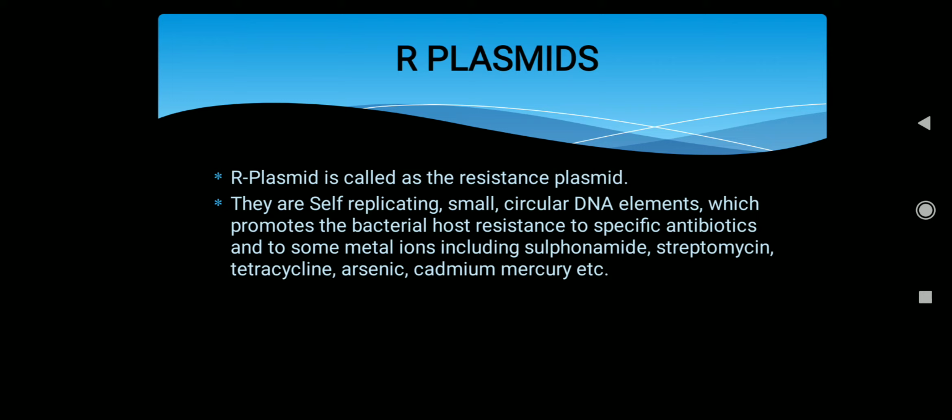This includes antimicrobials like sulfonamide, streptomycin, tetracycline, and metal ions like arsenic, cadmium, mercury, and so on. So R plasmids carry genes for antibiotic resistance as well as metal ion resistance.